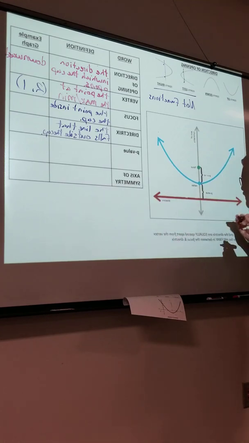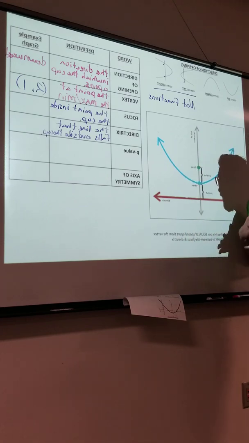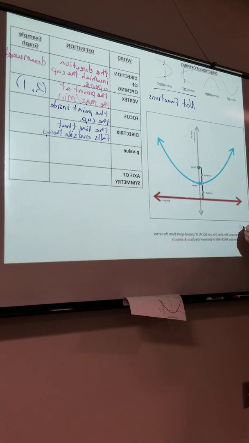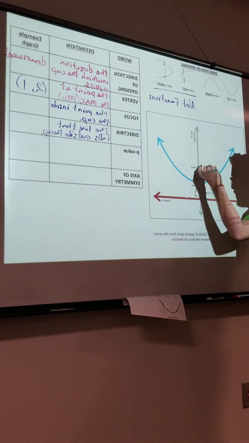But there's a really, really important thing that you need to know about the focus and the directrix. And that thing is down here. It's already written for you at the bottom. It says the focus and the directrix are equally spaced apart from the vertex. As you can see, that right there and that right there are equal distance.